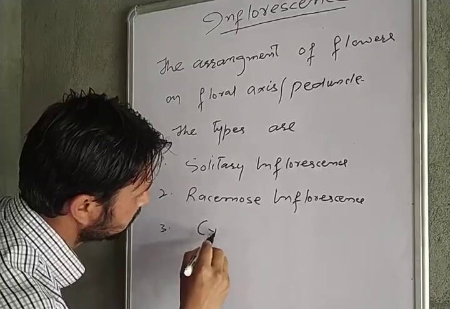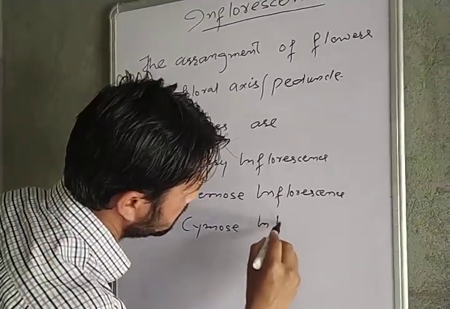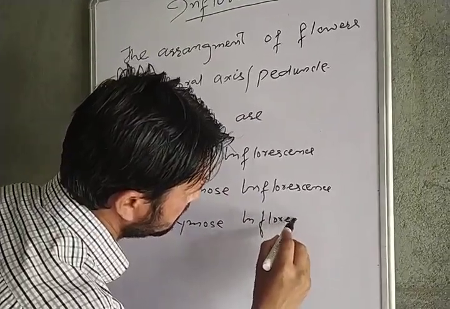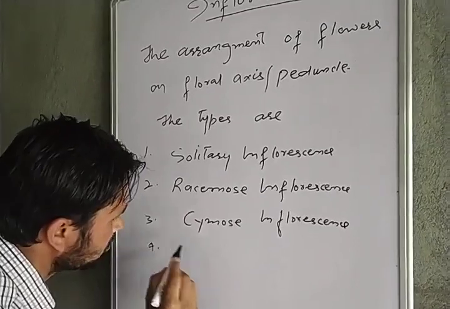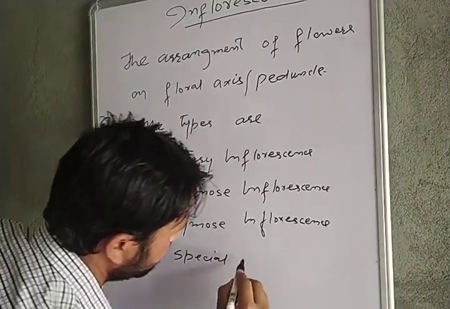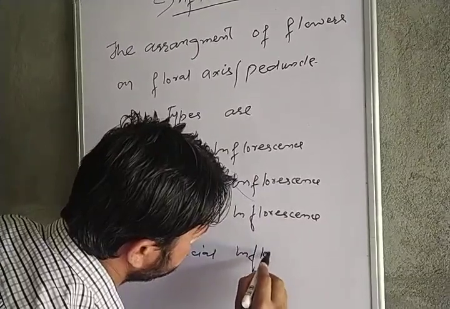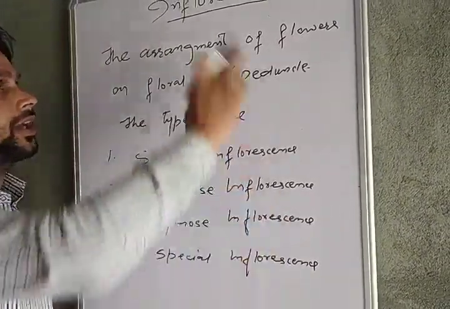Number 3, cymose inflorescence. And number 4, special inflorescence. Okay, these are the types of inflorescence.